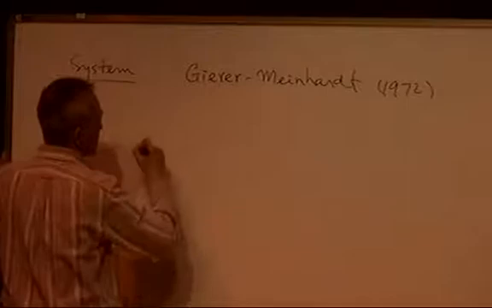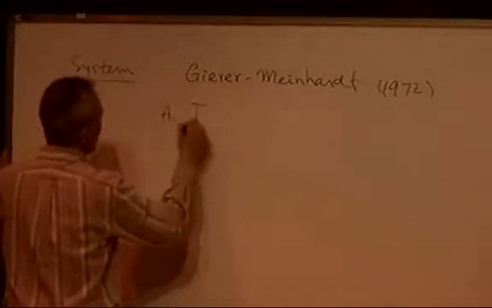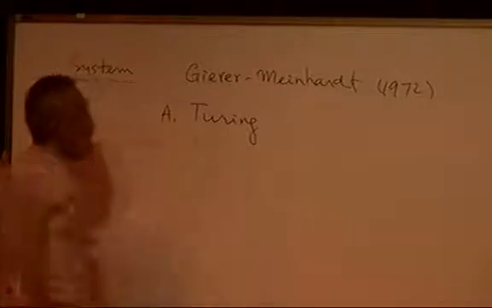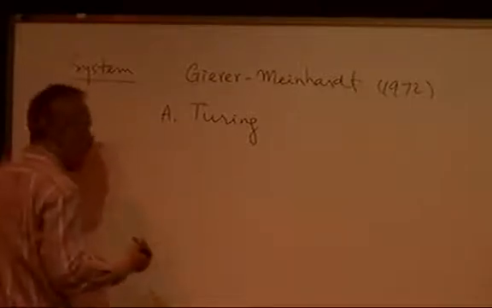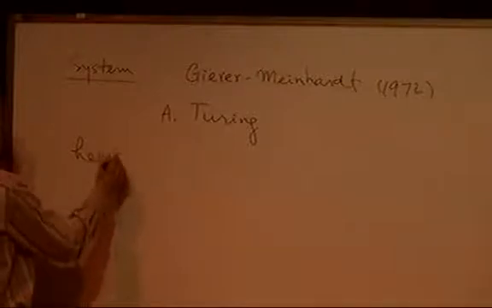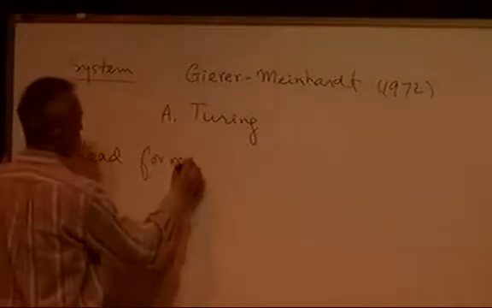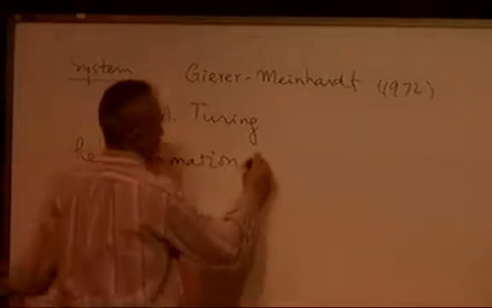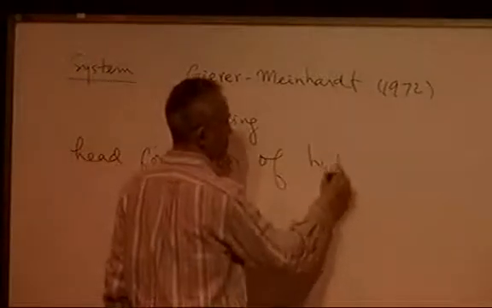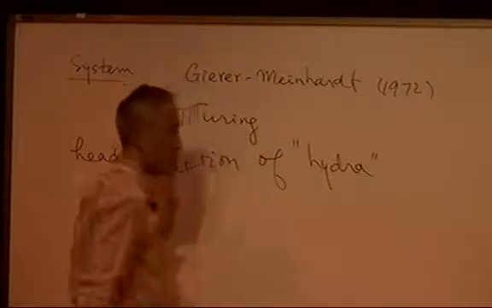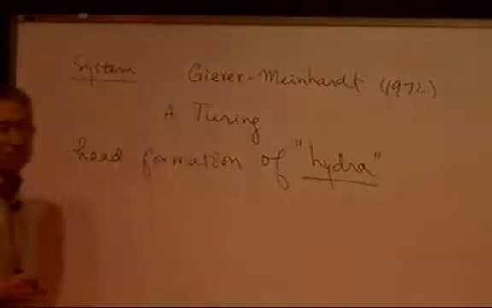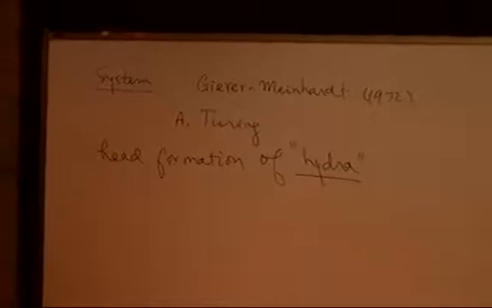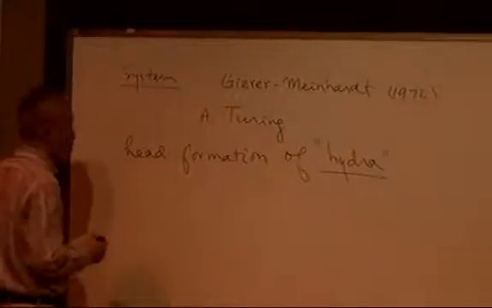They followed the idea of Alan Turing on an activator-inhibitor type of system, using an activator-inhibitor type of system to model the head formation of Hydra. This is perhaps one of the earliest examples in morphogenesis.